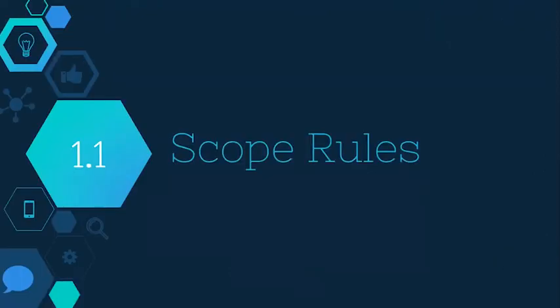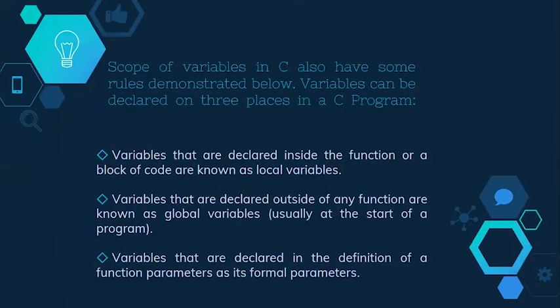Next, it is still under the scope. Next, we have scope rules. Scope of variables in C also have some rules demonstrated below. Variables can only be declared in 3 places in a C program. Variables that are declared inside a function or a block of code are known as local variables.